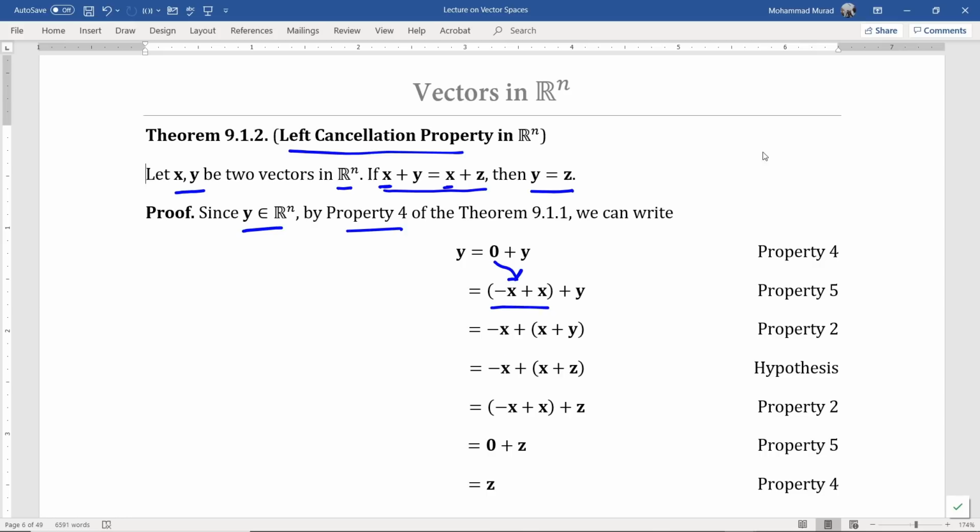Now by hypothesis, the vector x plus y is exactly equal to the vector x plus z. And by property 2, the associative property, we can move the brackets from the last two vectors to the first two vectors, as shown here. And by property 5, we can replace negative x plus x by the 0 vector.